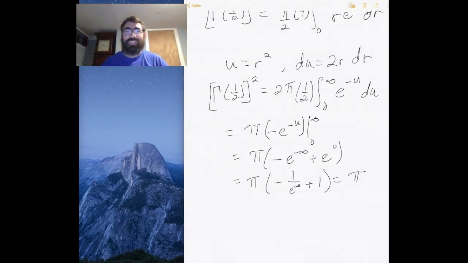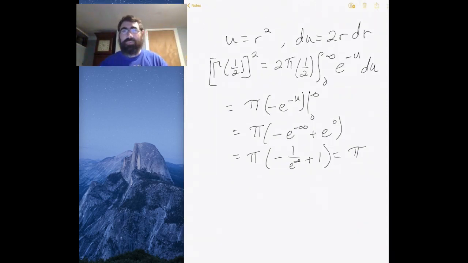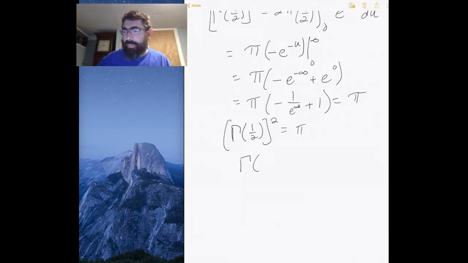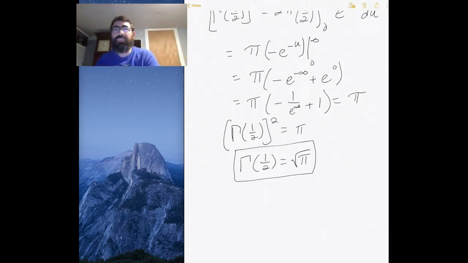Pretty simple answer. Amazing that we took the route that we did to get it, but what we're left with is gamma function of 1/2 quantity squared is equal to pi. So that means that gamma 1/2 is equal to the square root of pi. And that one you should hold on to.